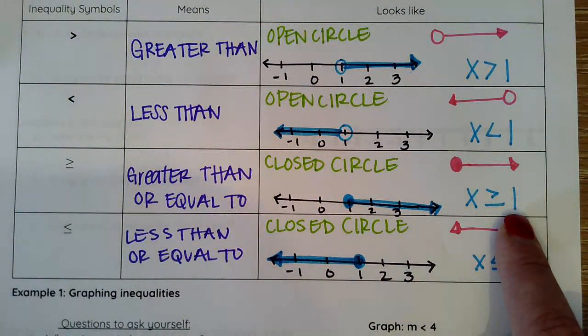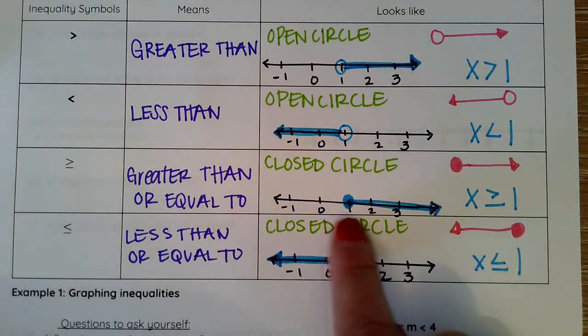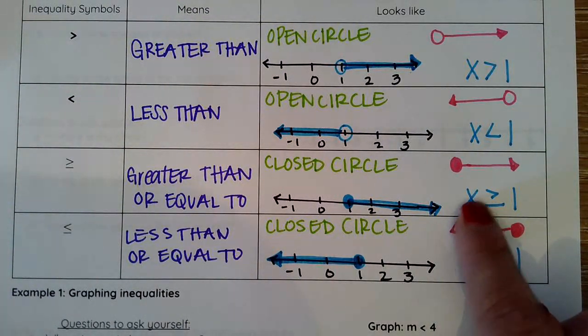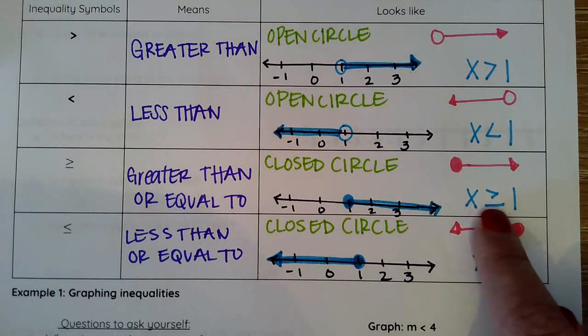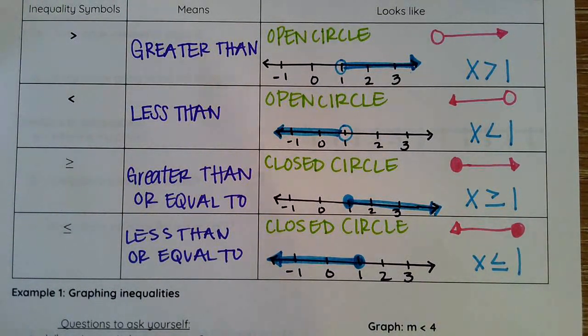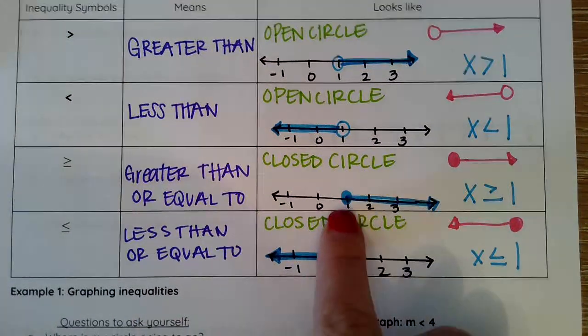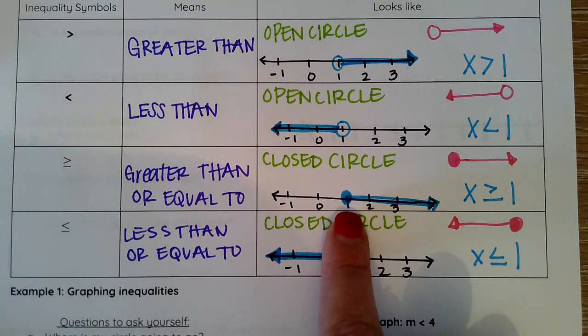However, now 1 can be a solution. If I substitute it in, 1 is greater than or equal to 1, that does make my inequality true. So I close it, I fill it in, and that shows me that 1 is where we start our solution set and can be a solution itself.